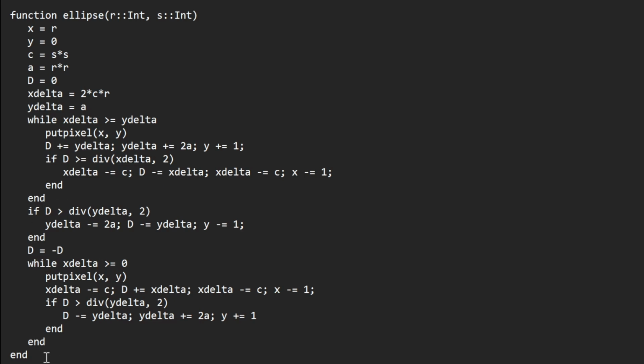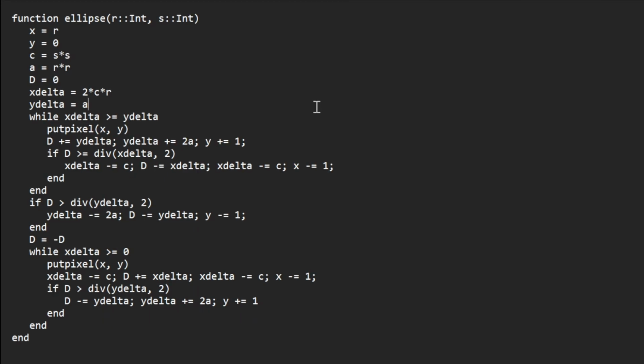And then finally you have the loop that takes the ellipse from the diagonal round to the bottom of the ellipse. And so really this just draws a single quarter of an ellipse, or a quadrant of the ellipse. And this is exactly what we did with circles, and then we reflected that quadrant about the axes to get the other 3 quadrants. So that's exactly what we're going to do here.